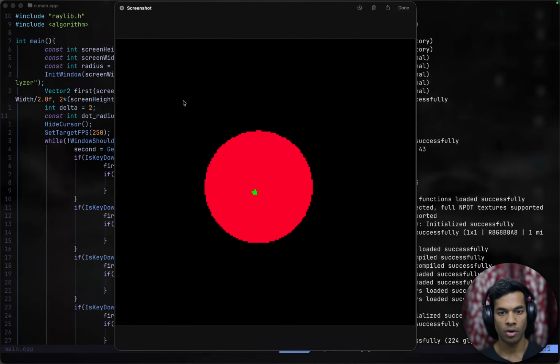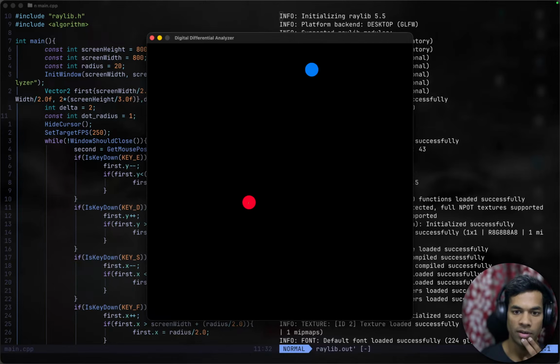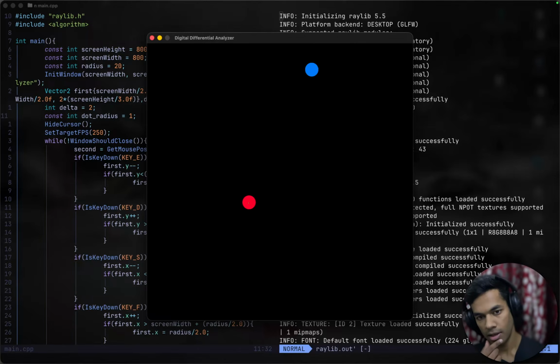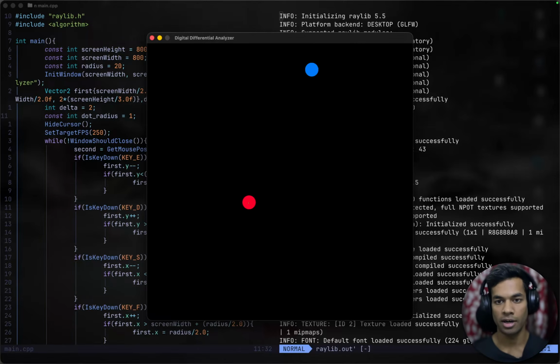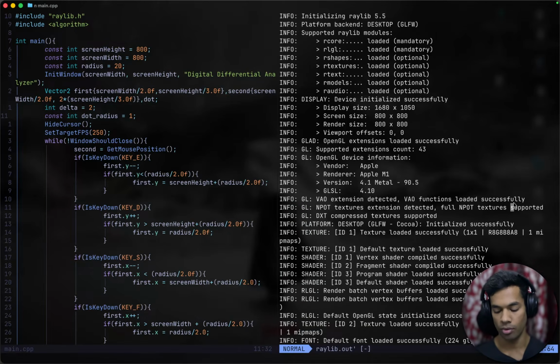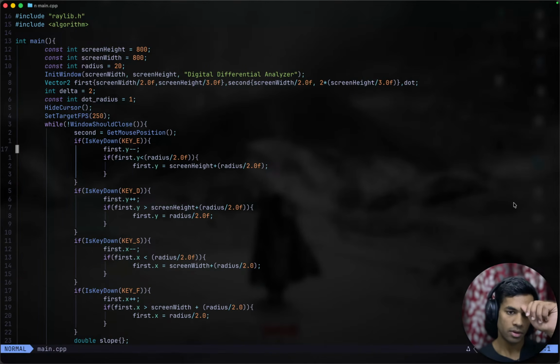Even now, this might not be visible on the screen, but there is a green dot on the red circle. So we are choosing red as our starting point, but then why are we not creating more of these things?